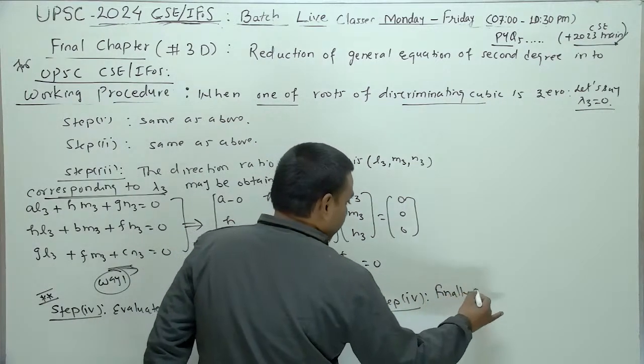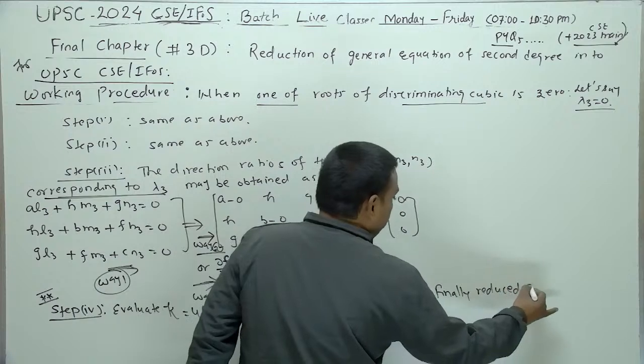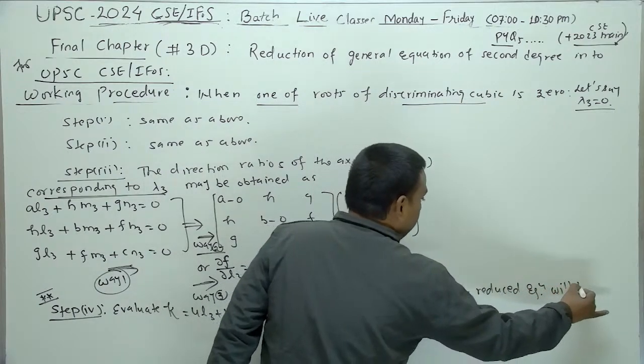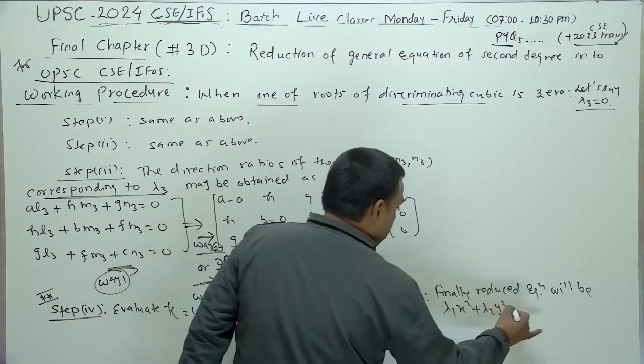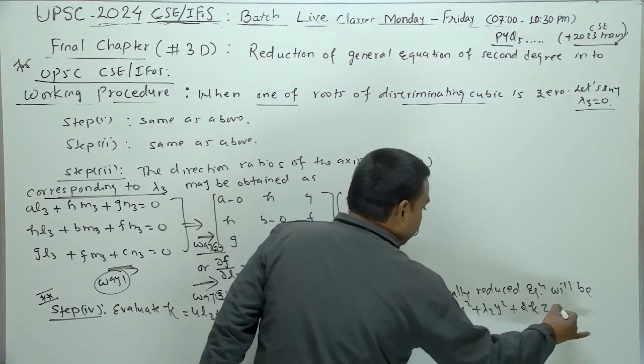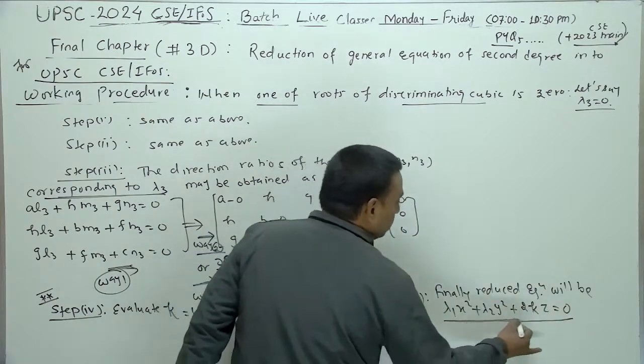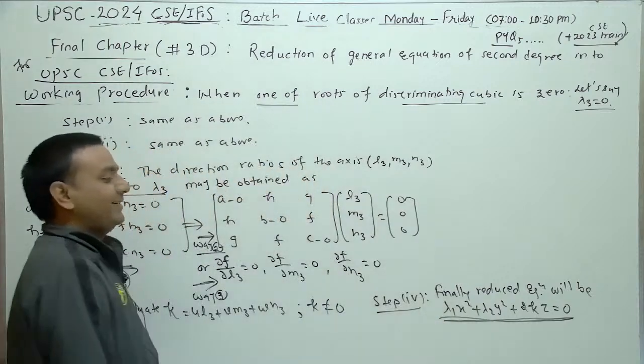Finally, reduced equation will be lambda 1 x square plus lambda 2 y square plus 2kz equals to 0. ठीक है?